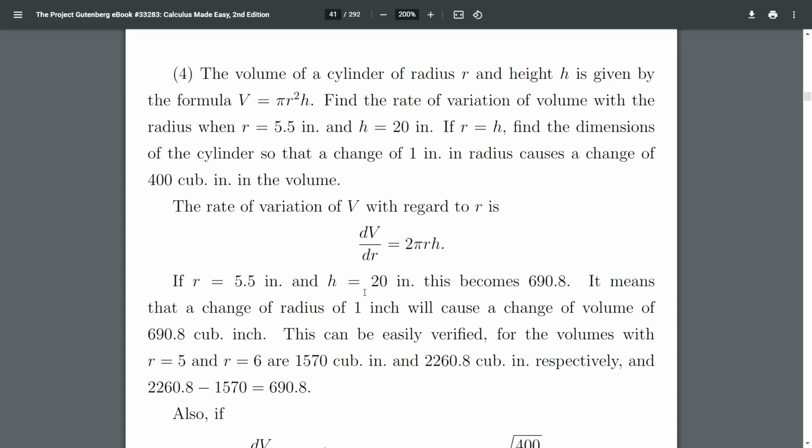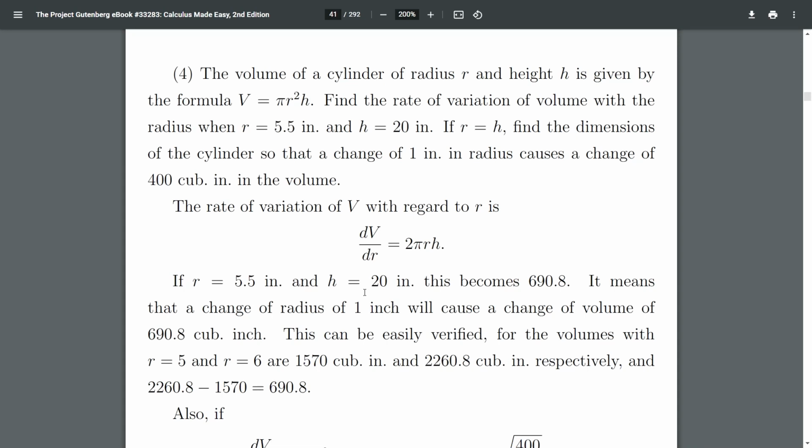The rate of variation of V with regard to r is dV by dr is equal to 2 pi r h. If r is equal to 5.5 inches and h is equal to 20 inches, this becomes 690.8. It means that a change of radius of 1 inch will cause a change of volume of 690.8 cubic inches.